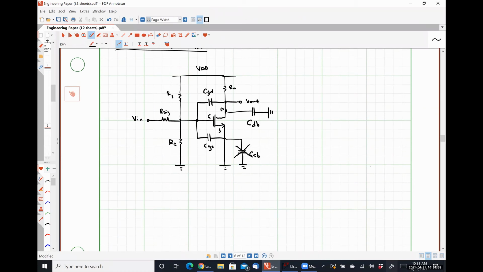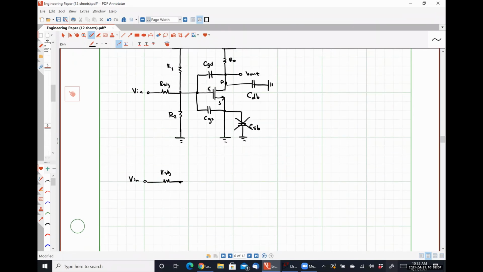I'm going to redraw this thing, setting all of my AC grounds up so that I can work on my simplification a little bit. So, for example, this would look like this. Here is our sig. Here's R1 in parallel with R2.